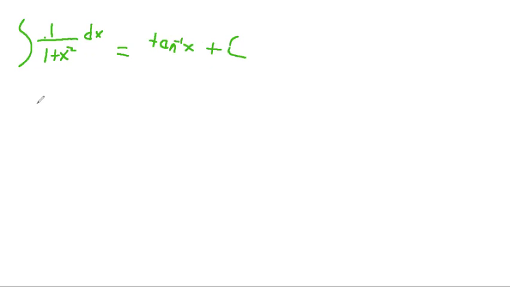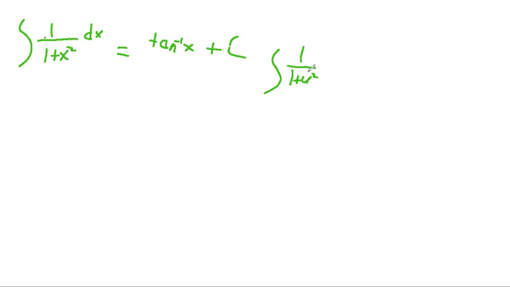Now it turns out that we can rewrite this in perhaps a more convenient way for a broader set of problems. You can rewrite this as 1 over 1 plus u squared. It looks like all we're doing is changing letters, and in form that's all we're doing, but u is actually understood to be any function of x.